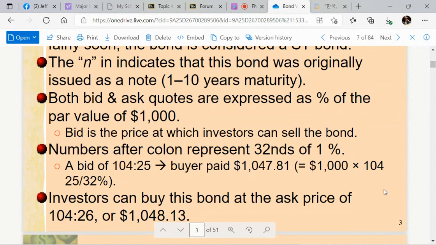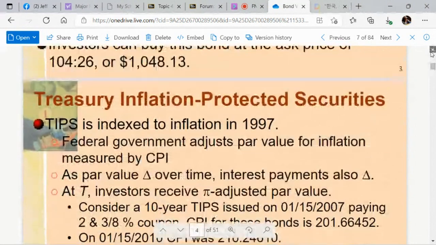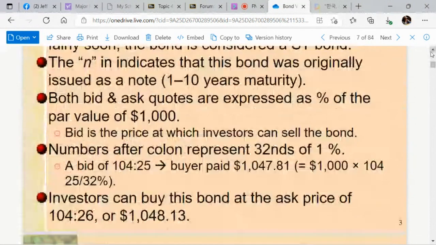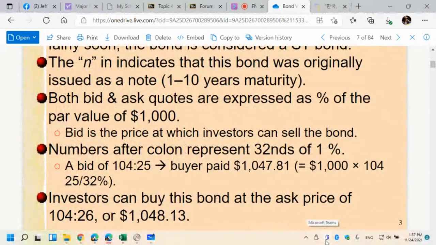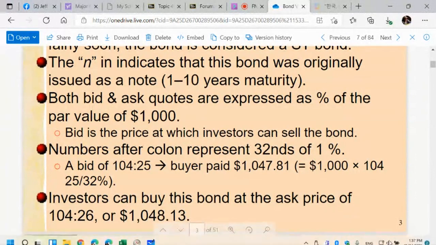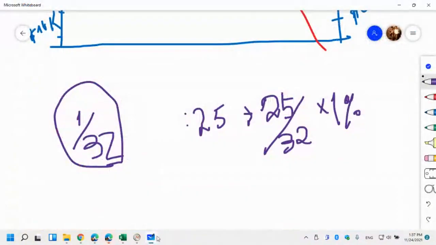Thirty-seconds, right? And why does the Treasury use this weird system? Are they crazy? No, the 32nds system is relatively old, from the days before.